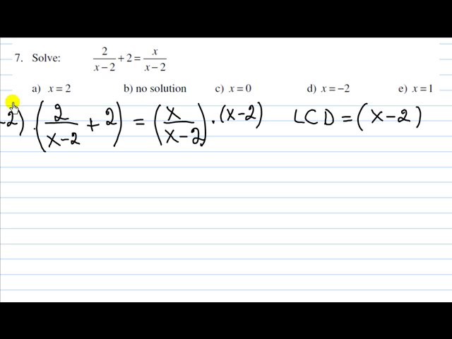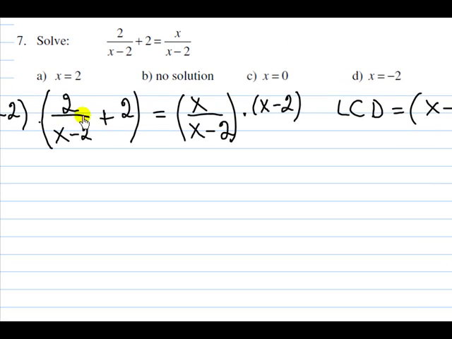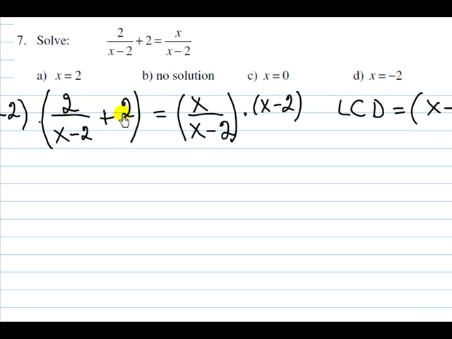Now we have x minus 2 times a sum of two terms, so we are going to distribute this x minus 2 times the first term, then x minus 2 times the second term. So let's write that.